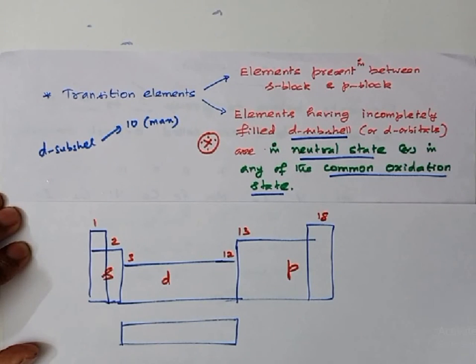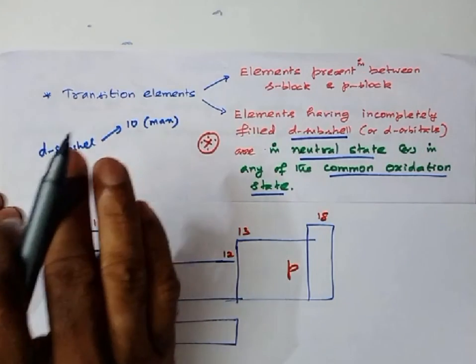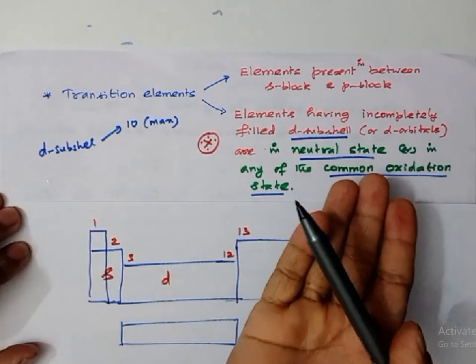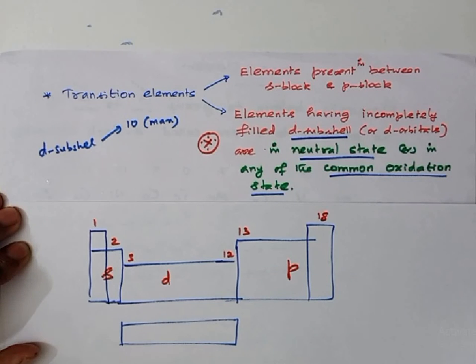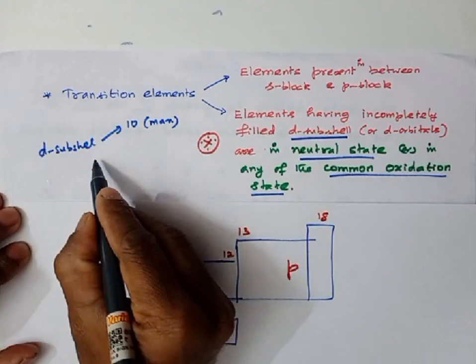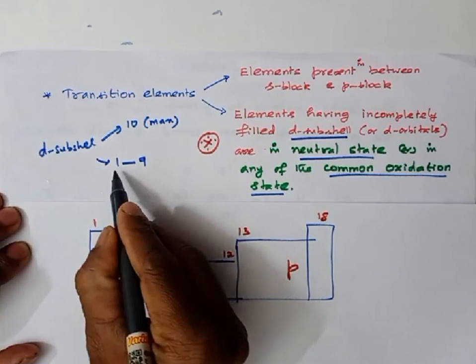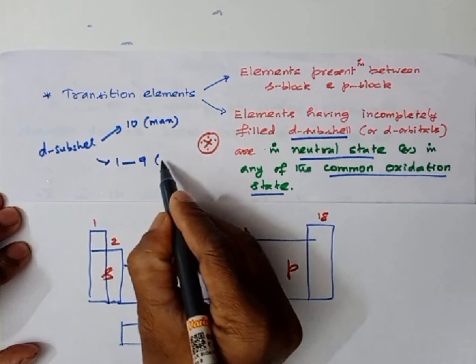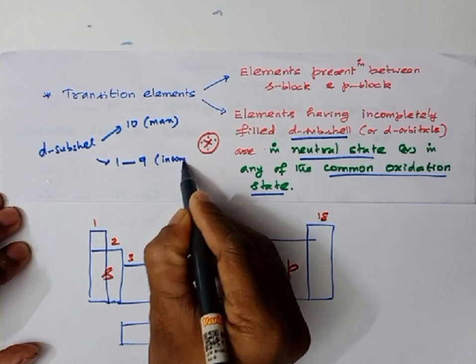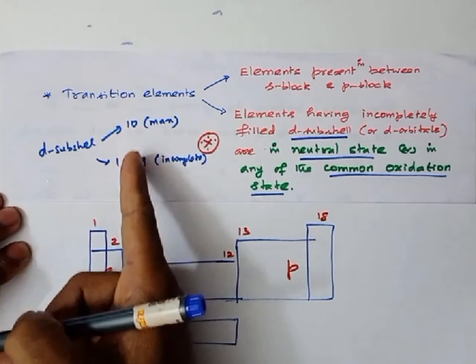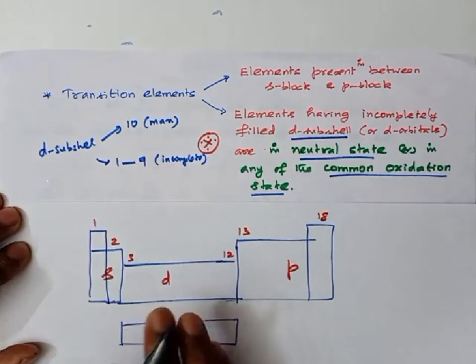If you have fewer than 10 electrons, then we say that it is incompletely filled. So from electron 1 up to 9, we say that it is incomplete. Clear? 10 means complete. Up to 9 it is incomplete.